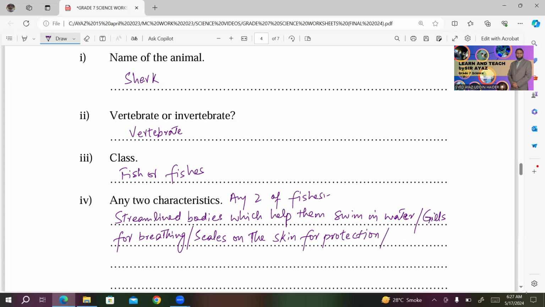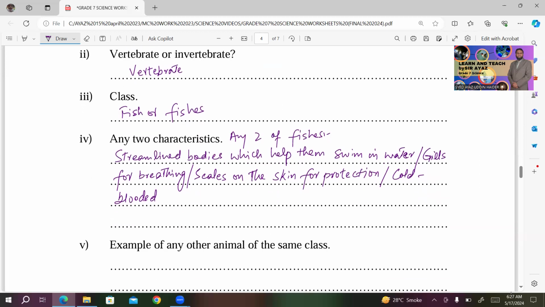They are cold-blooded. So you write cold-blooded, or body temperature is not constant. You can even write body temperature changes with surrounding.